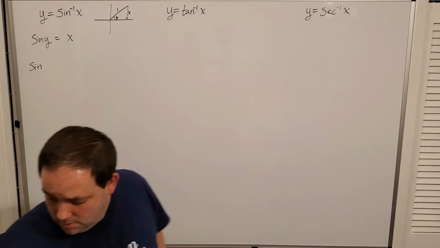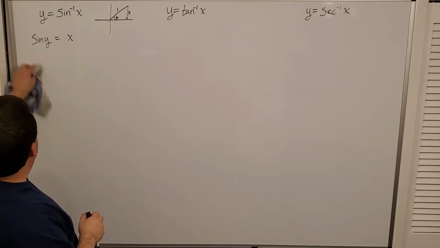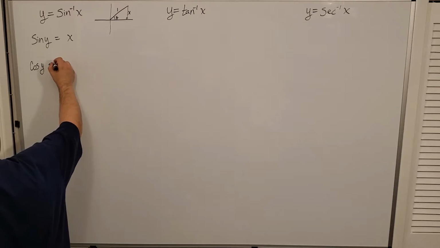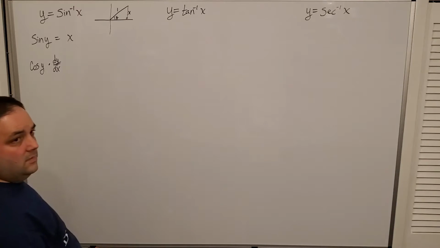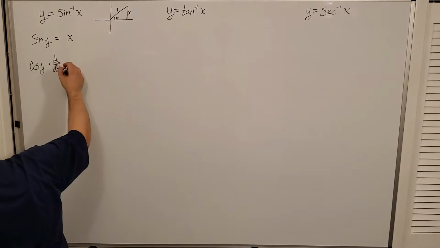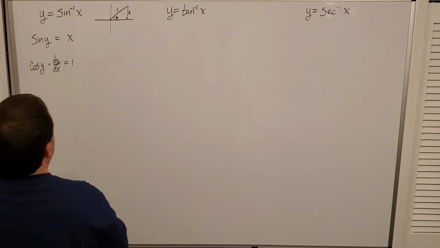The derivative of sine y is going to be cosine y times dy dx, right? That's our implicit chain rule there. And of course, the derivative of x is 1.